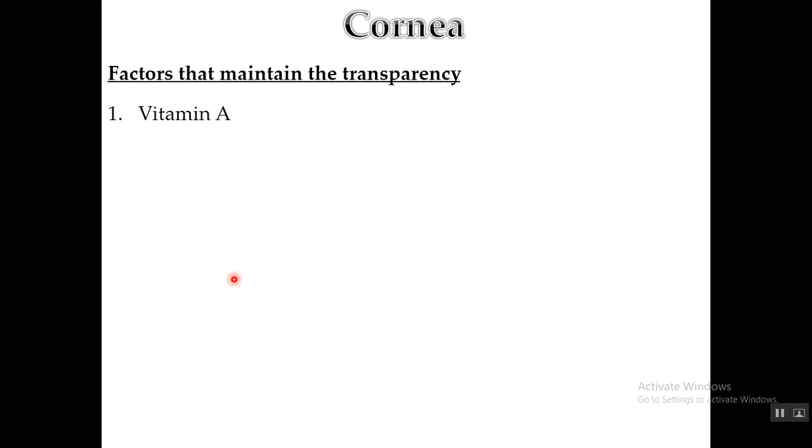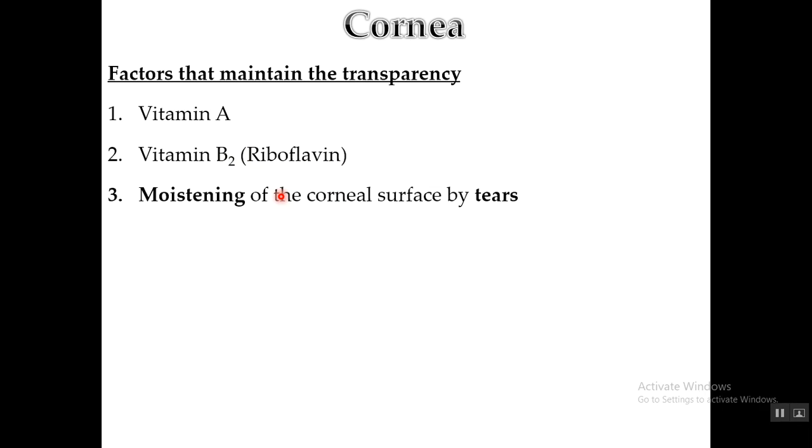We must maintain the transparency of the cornea to allow the light to enter your eye. This needs vitamin E, which is important for healthy epithelium anywhere in your body. Number 2, vitamin B2 or riboflavin, because it is needed for anaerobic metabolism. You need moistening of the corneal surface by the precorneal tear film.